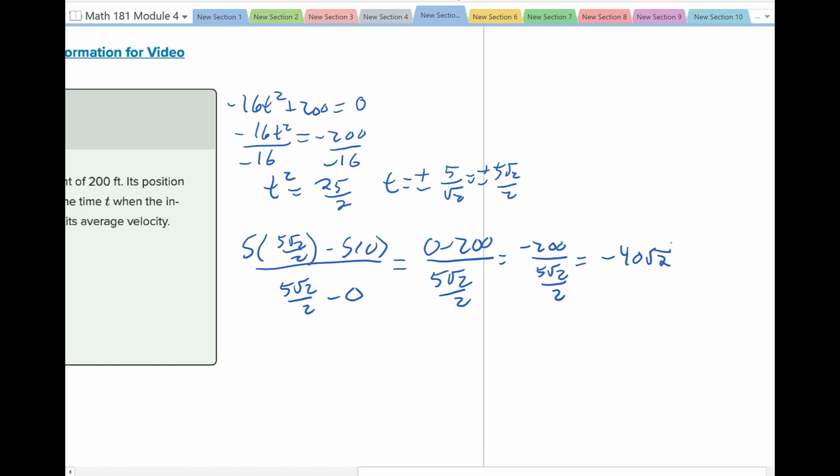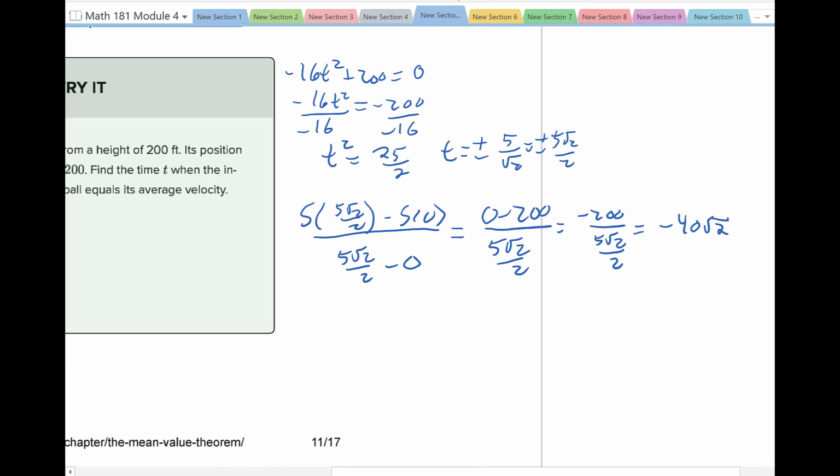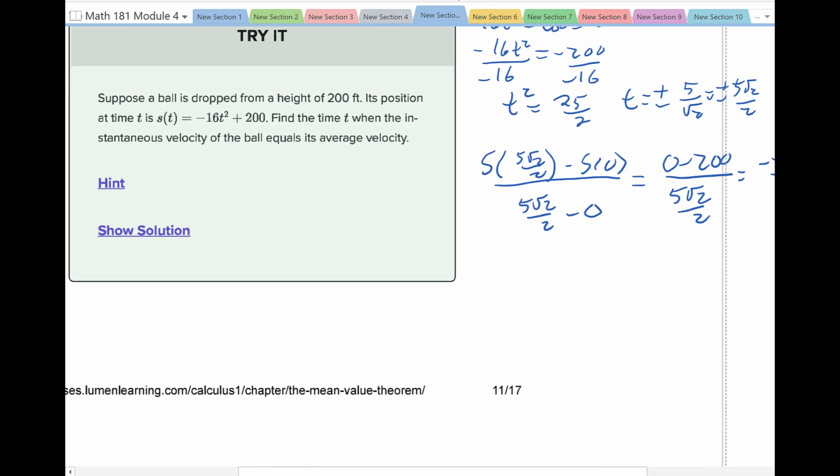Now we want to look at the derivative. When's the derivative going to equal that? So we will have s prime of t is negative 32t again, because that constant just goes away. So we look at s prime of c equals negative 32c, and set that equal to negative 40 times the square root of 2.